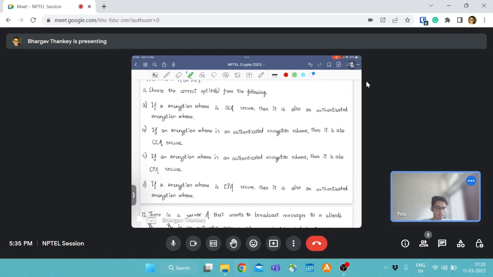The next problem is: choose the correct options from the following. Option A: If an encryption scheme is CCA secure, then it is also an authenticated encryption scheme. Option B: If an encryption scheme is an authenticated encryption scheme, then it is also CCA secure.